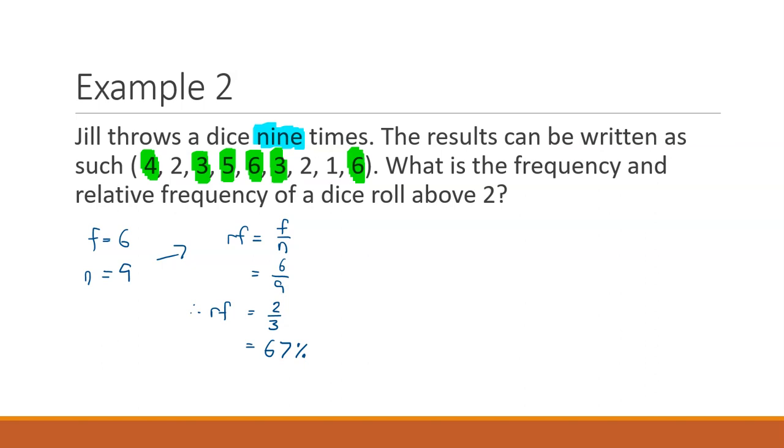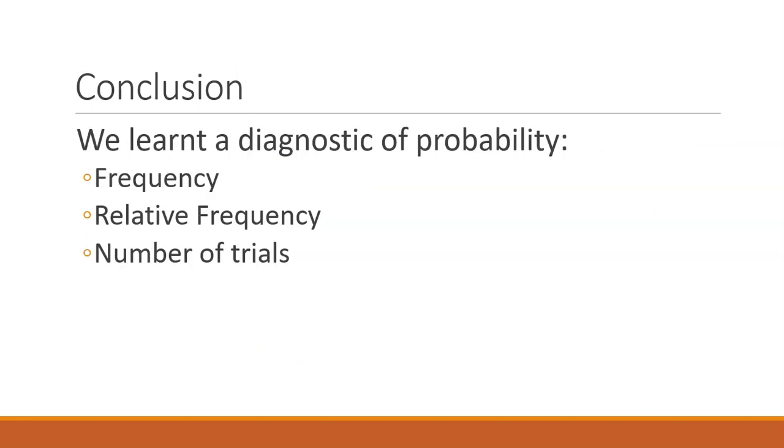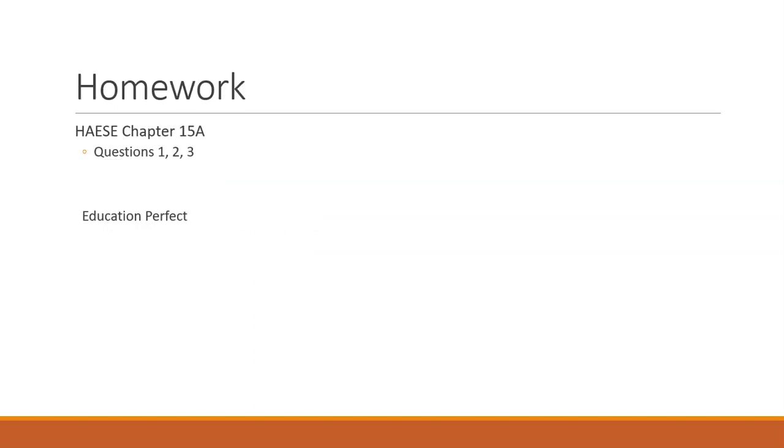So, looking back, what we've learned is we've added frequency, relative frequency, and identifying the number of trials to our toolbox on working with probability. So what I would like you guys to do, if you're working from home, to cement your understanding on this little section, I'd recommend in Hazy chapter 15a, have a go at questions 1, 2, and 3.